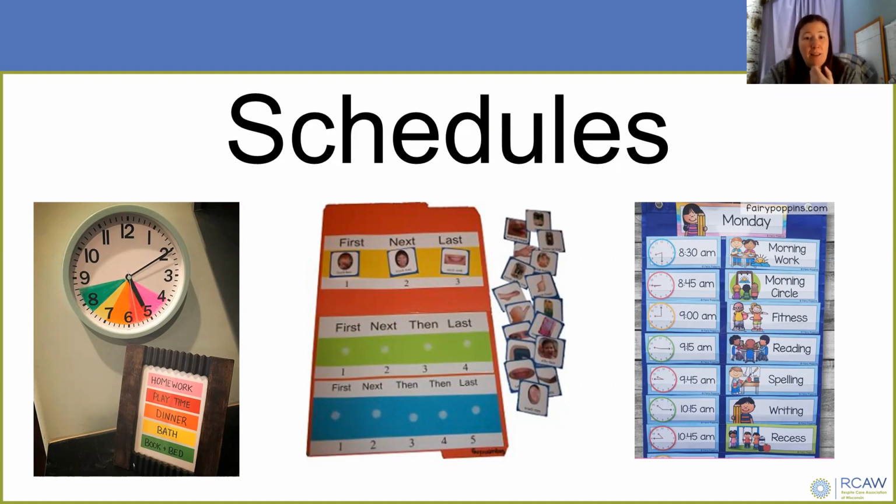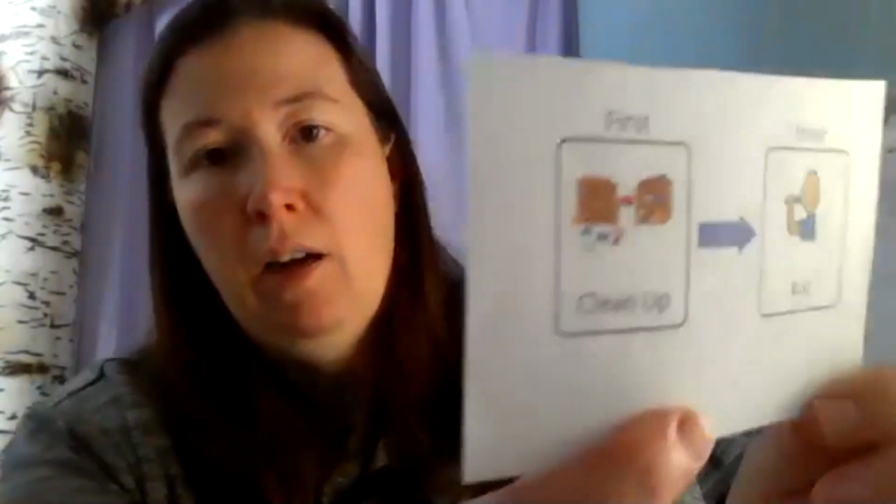Using first and next, or first then, adding different things, again, it depends on the individual how many things you can add to that, or having the visual schedule so they know what's coming up next. Some examples that I have: we talked about the first-then card.